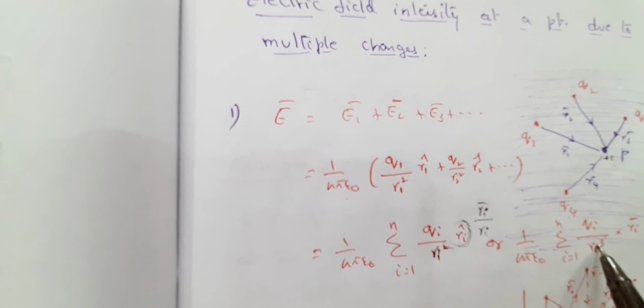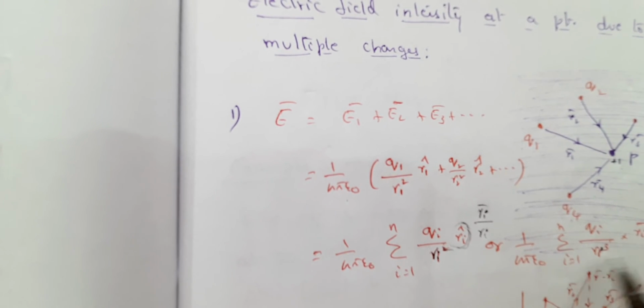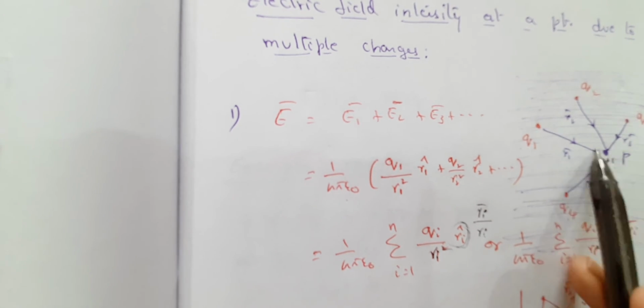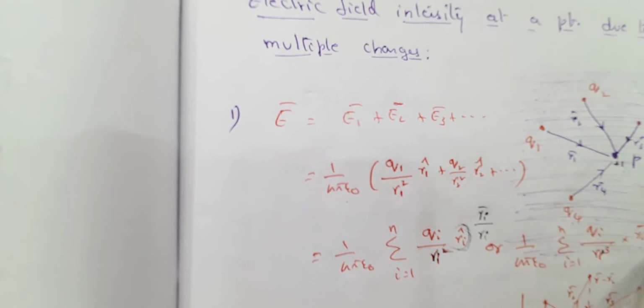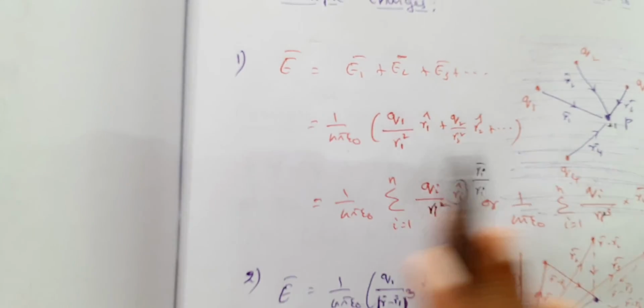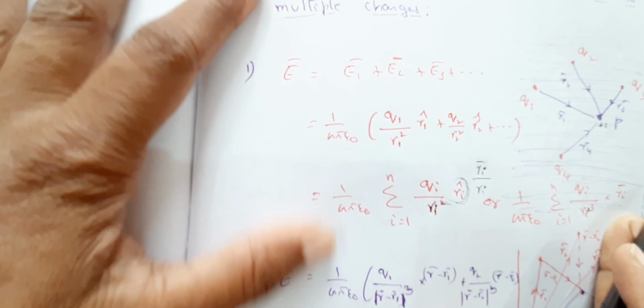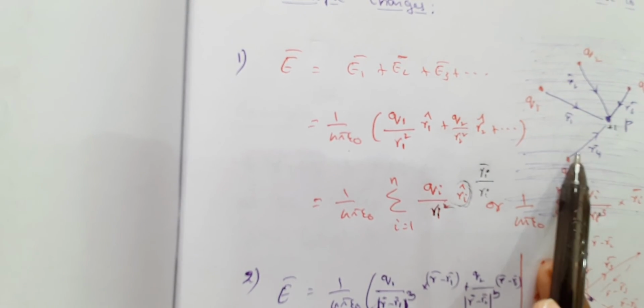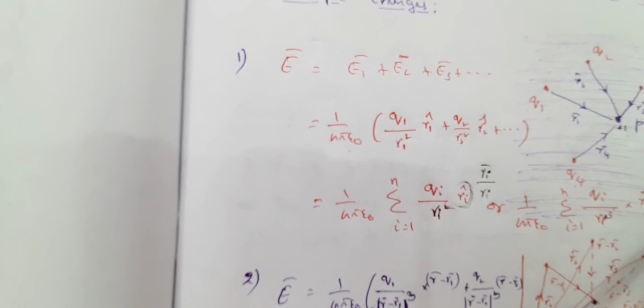So this can be written the other way around, if you want to write it directly in terms of a vector. So now at this point, this is the electric field strength, and this electric field strength is because of multiple charges. Clear? Right.